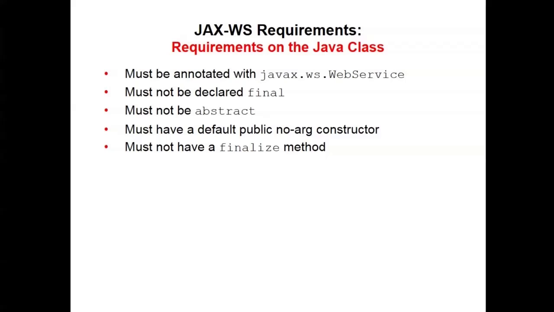But there are some other requirements also: your class must not be declared final, must not be abstract, must have a default public no-argument constructor, and must not have a finalize method. These are things your class should not have, and you must have a default constructor. But if you annotate your class with the @WebService annotation, that is enough to create this, right?